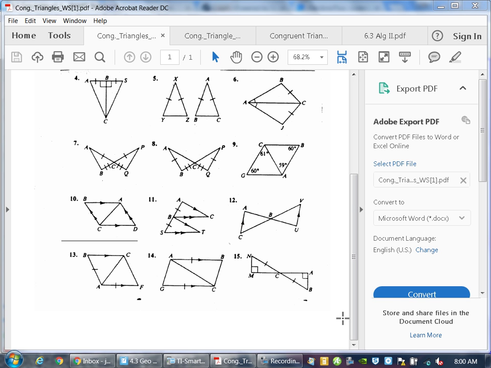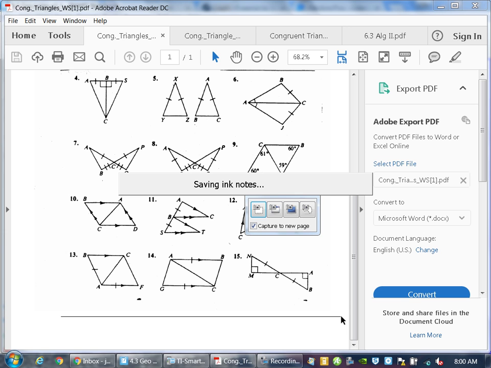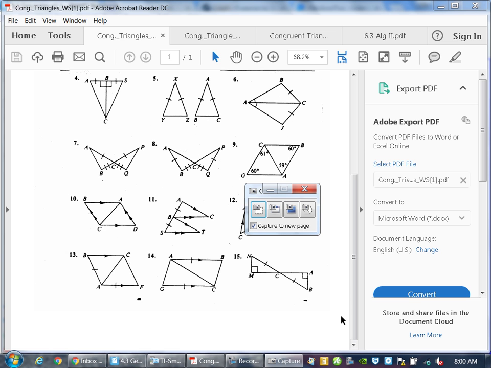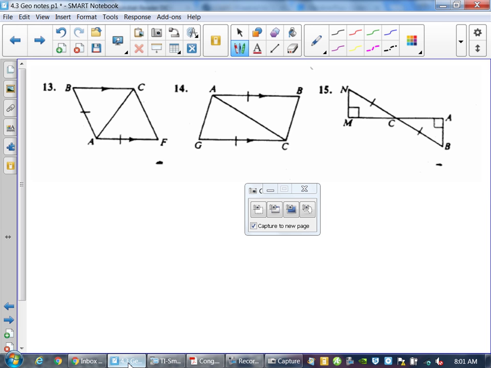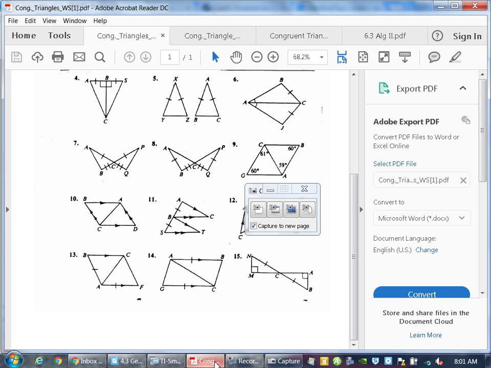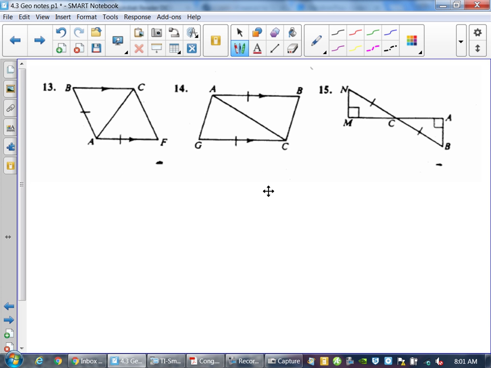And the last three. Wait, so 11 was angle, side, angle. We did that one in our notes. 12 was no congruence. 13, again, we have AC as reflexive.